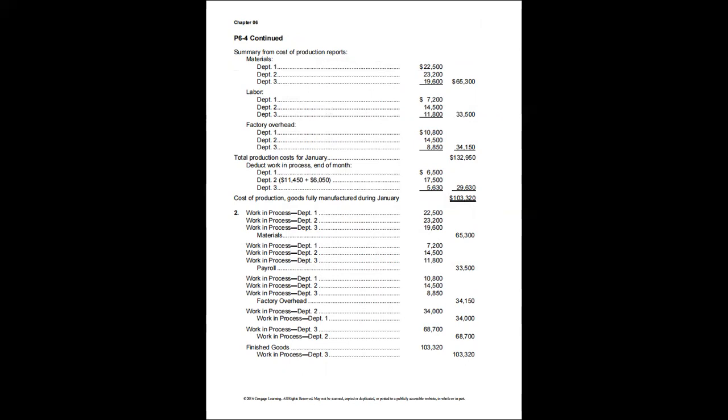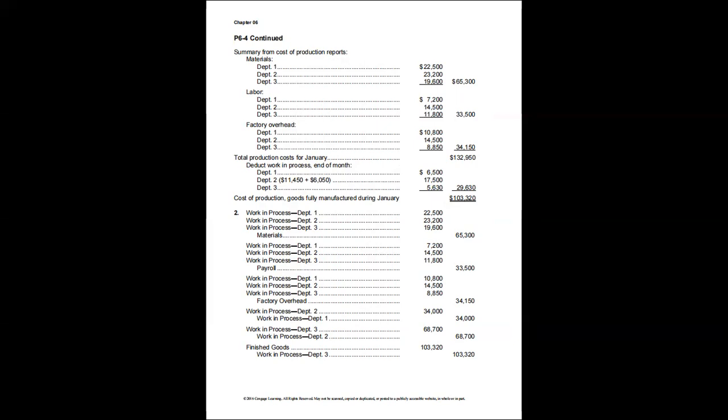Department 1, we have the cost of 22,500 for materials, and then for labor, we are given the amount of cost materials in Department 1, and we have now the cost of labor for each department: 7,2, 14,5, and 11,8.